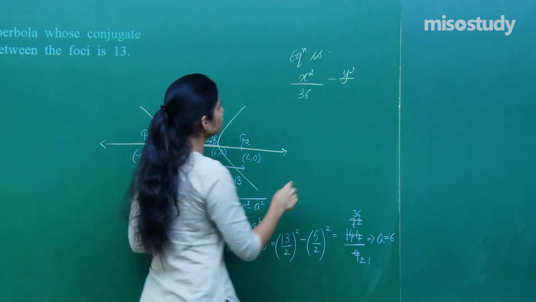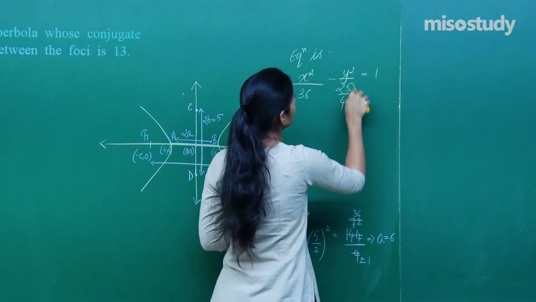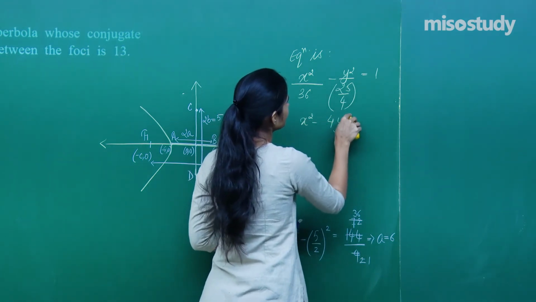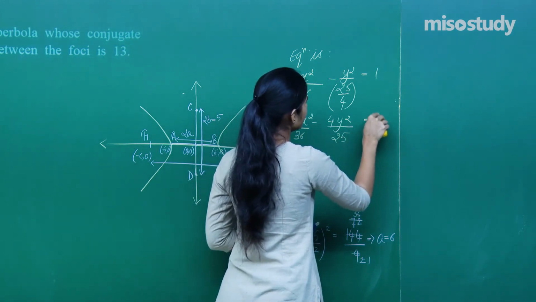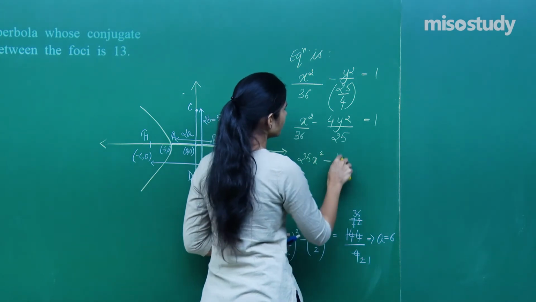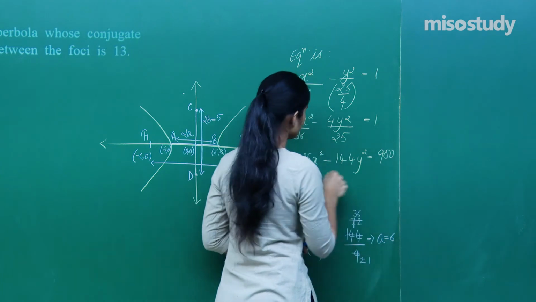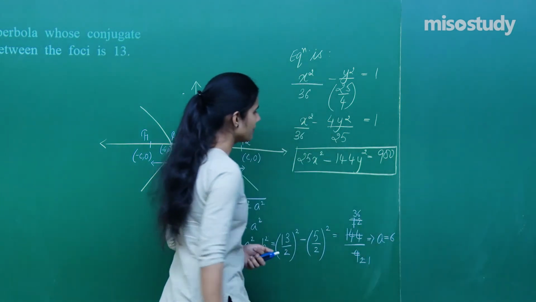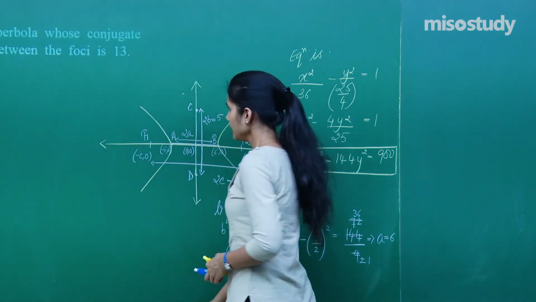B is 5 by 2, so B square is 25 by 4, equals 1. This gives you x square by 36 minus 4y square by 25 equals 1. That is 25x square minus 36 into 4 is 144, y square equals 900, because 36 into 25 is 900. This happens to be the very respective equation of this hyperbola. Let's move to the next one.